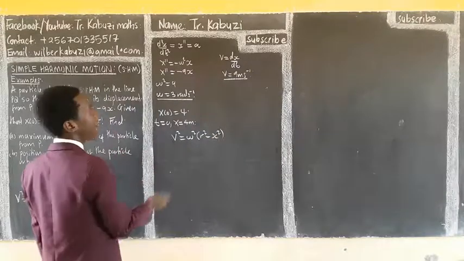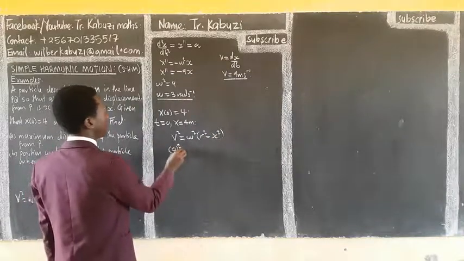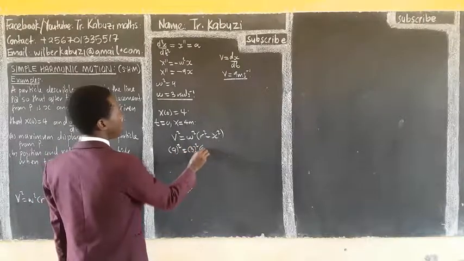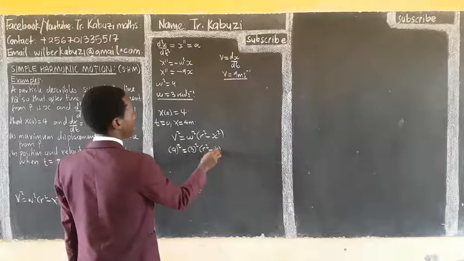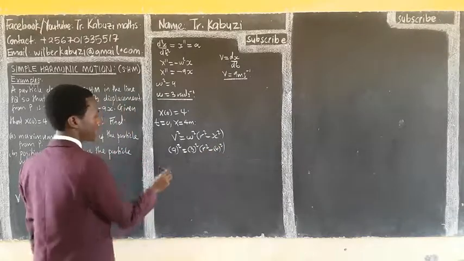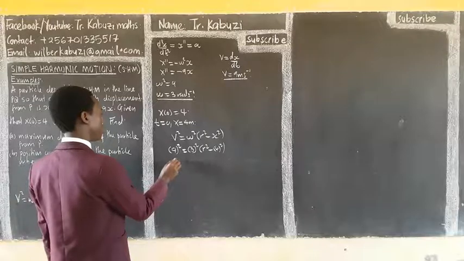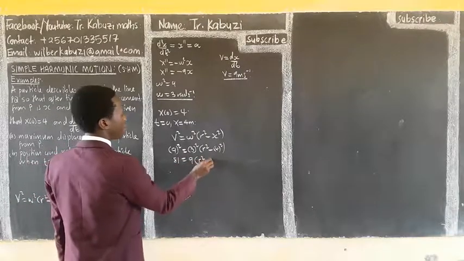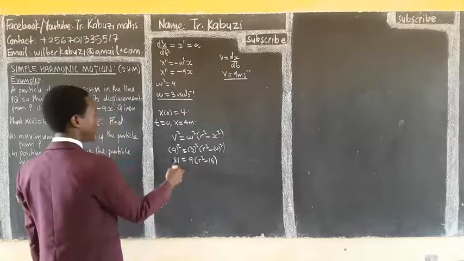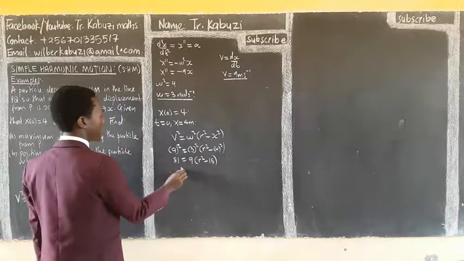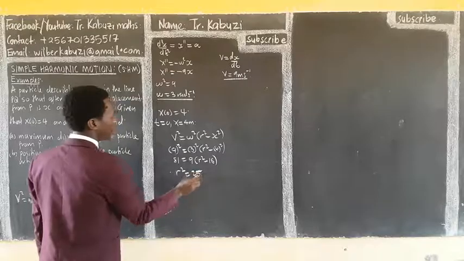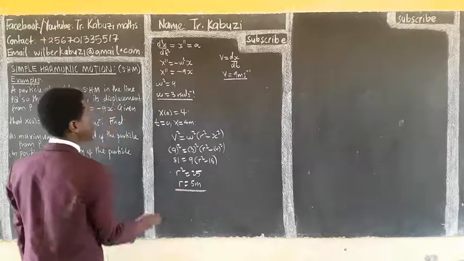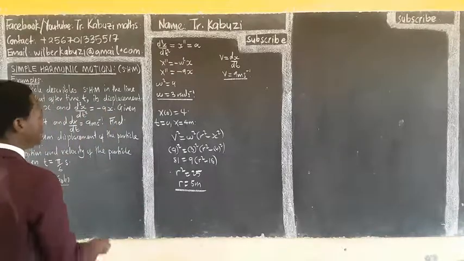So we have 9 squared equal to 3 squared into r squared minus 4 squared. This gives us 81 equal to 9 into r squared minus 16. Dividing by 9 and bringing it to this side, our r squared is going to be 25, and so our r is going to be 5 meters. And so the maximum displacement is that.